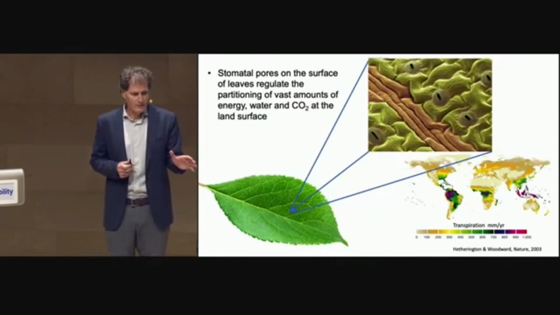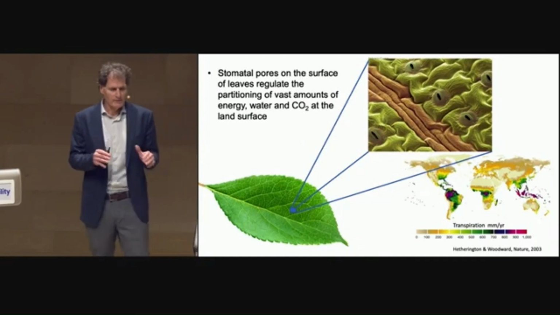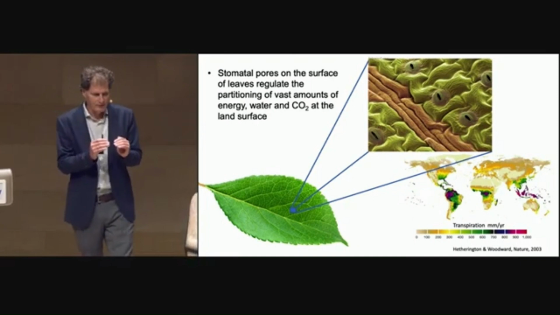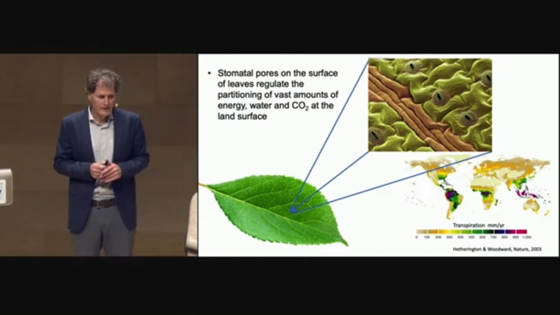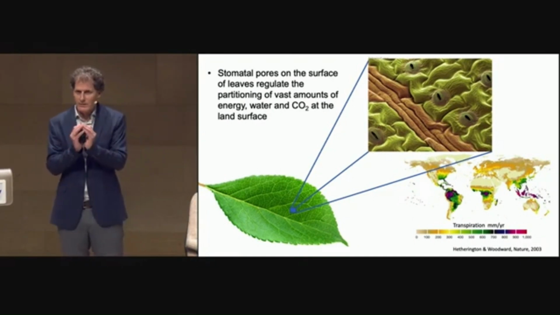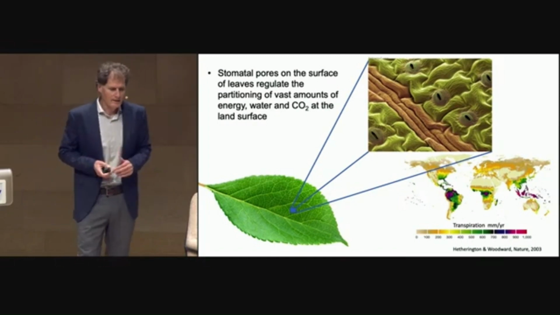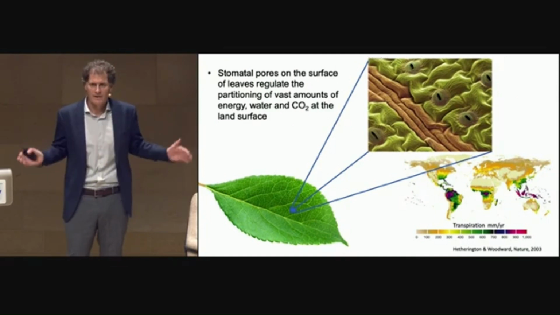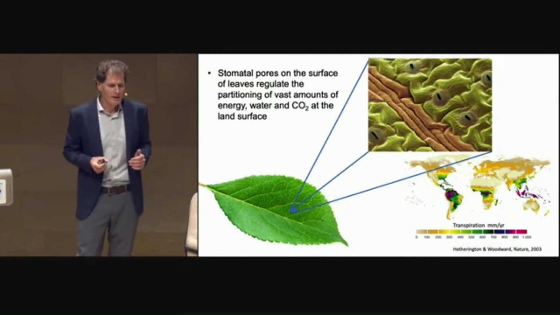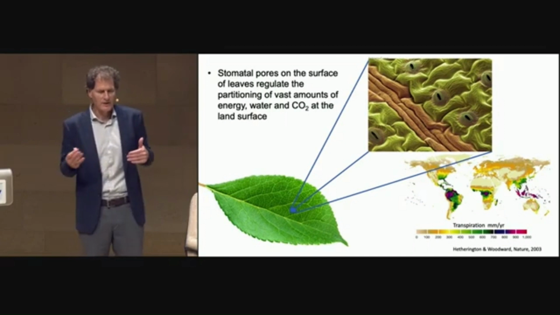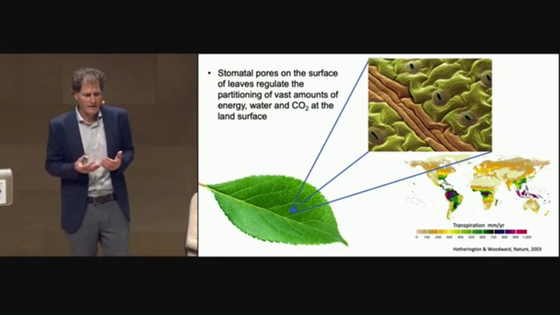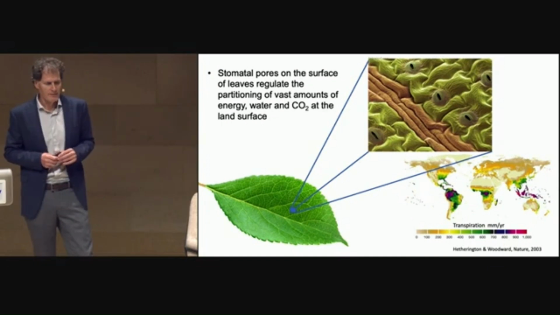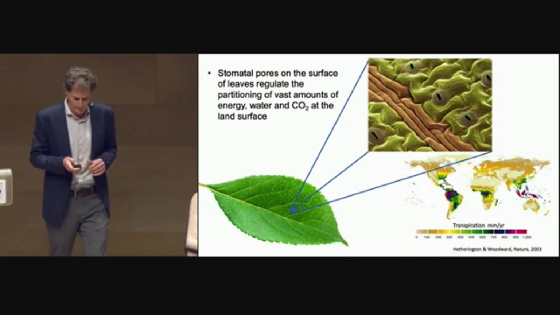The real crux of the question of how that process works happens down at the cellular level, on the surface of leaves, through these very important structures called stomata, or stomatal pores. Through that process, millions of tons of water are evaporated into the atmosphere annually, and with that, the energy used to drive that process partitions solar energy into different aspects that affect climate differently.